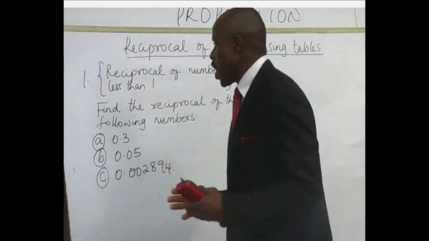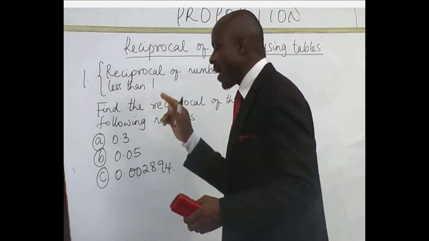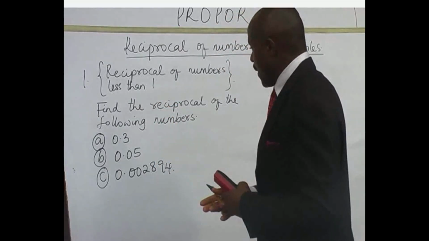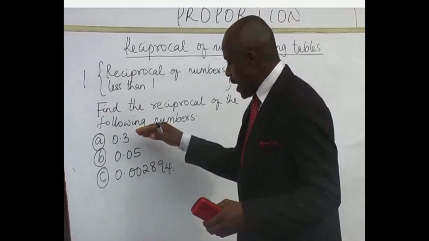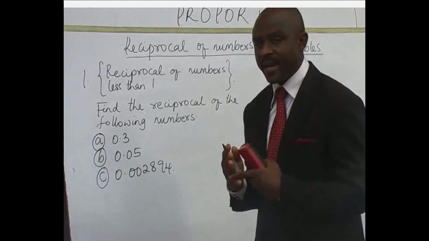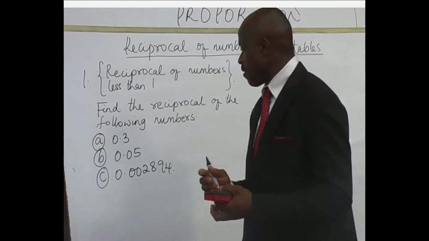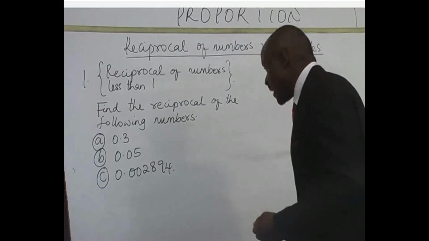The first concept is reciprocal of numbers less than 1. And we're going to use examples 1, 2, 3 to teach you how to find the reciprocal of numbers less than 1. First of all, I want us to use the calculator.